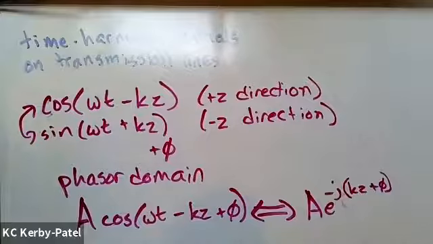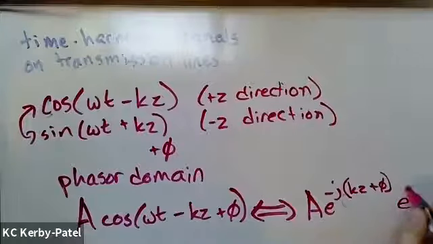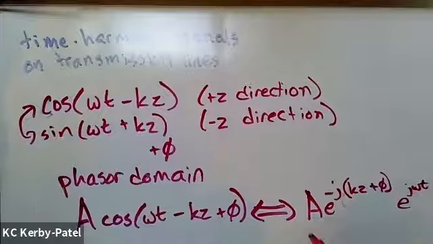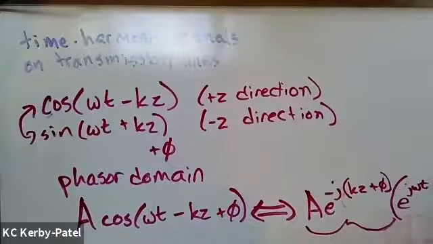And as you know, when you're doing phasor notation, the e to the j omega t is implied. So there's like a ghost of an e to the j omega t here. To convert back into the time domain, you multiply by this ghostly e to the j omega t and take the real part.